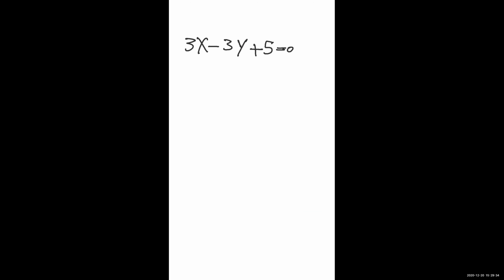We want to get theta, so this means we get the slope first. The slope for this one will equal negative coefficient of x, which is 3, so negative 3 over coefficient of y, which is negative 3. So the slope will equal 1.